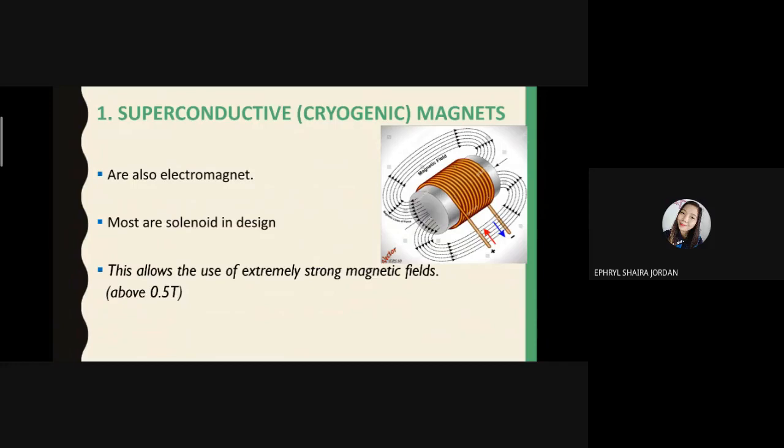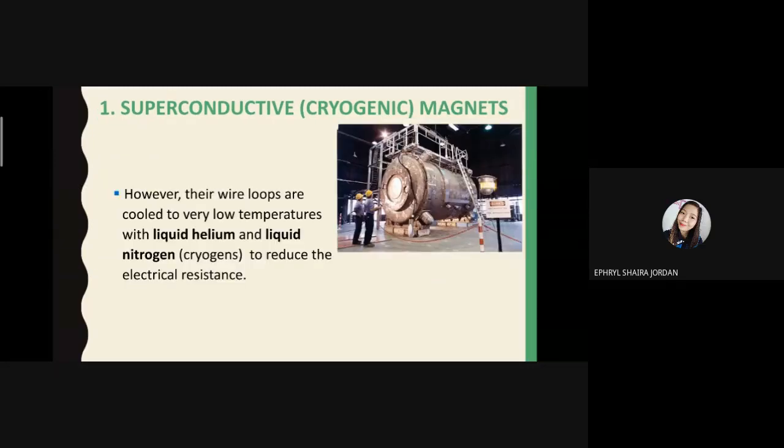A superconducting magnet consists of many windings of wire that carry an electric current. However, their wire loops are cooled to very low temperatures with liquid helium and liquid nitrogen. These elements are called cryogens.